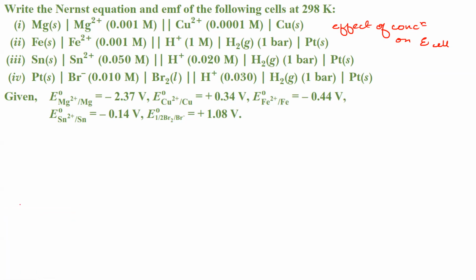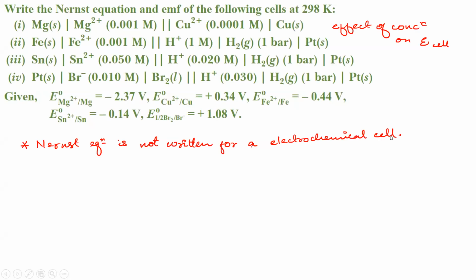Now, how can we change the concentration and get the maximum out of a particular cell? One thing is very important that you have to remember. Please note this point. The Nernst equation is not written for an electrochemical cell.